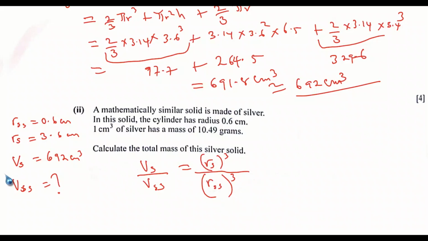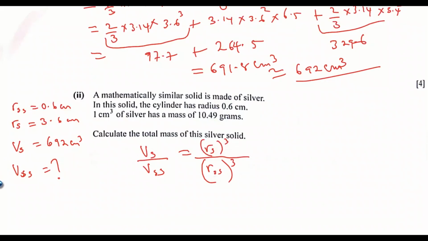We can use this to get the answer since they are similar. It's just the normal formula we know: the volume is equal to the cube of the scale factor, the length scale factor. So that is what I did there.